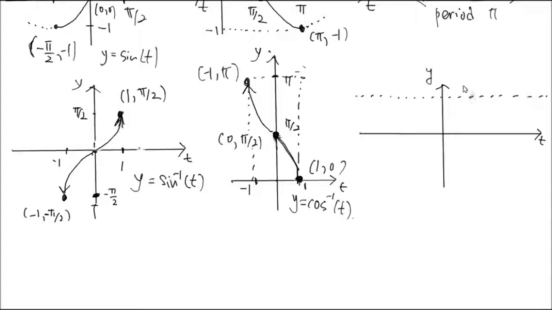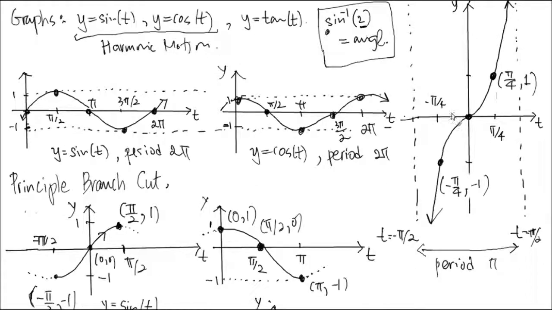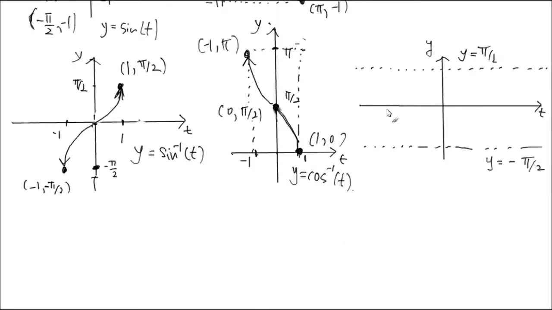What was the coordinate of the horizontal asymptote here? Y equals pi over 2, right? Pi over 2. Bottom there, y equals negative pi over 2, right? All right. So all the vertical marks become horizontal, and horizontal marks become vertical, right? So what goes to the horizontal here?